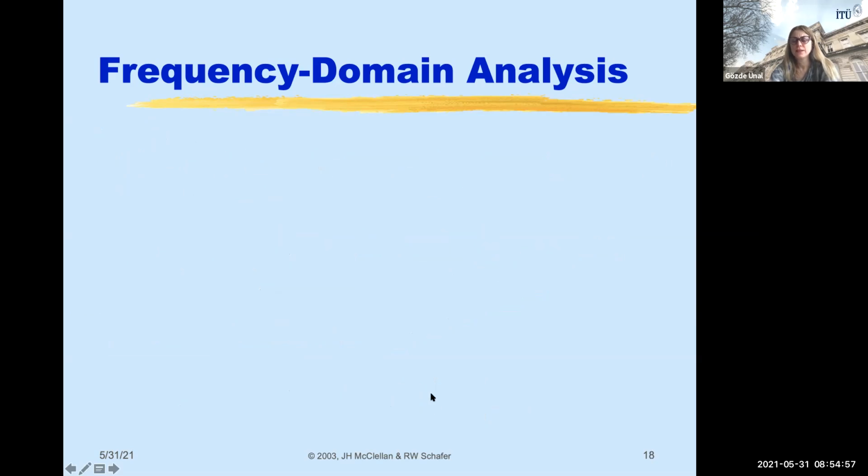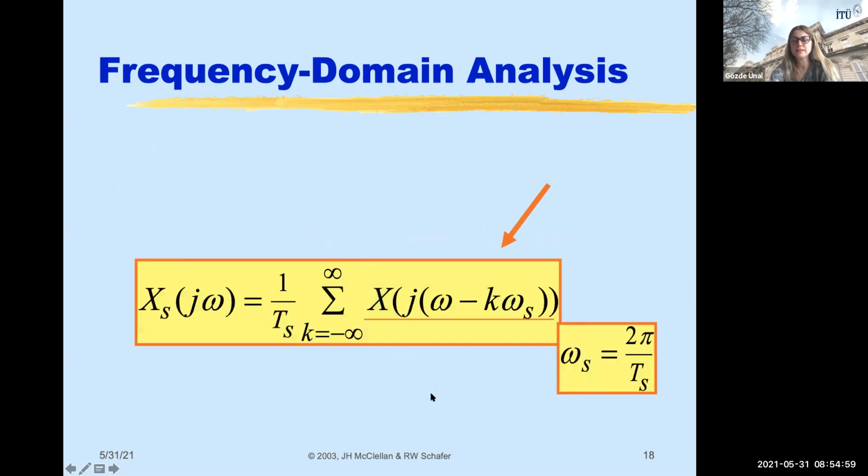That's why the sampled signal, and this is very important, has a frequency spectrum which has the original Fourier spectrum X and its shifted replicas. That's the main point of these slides.